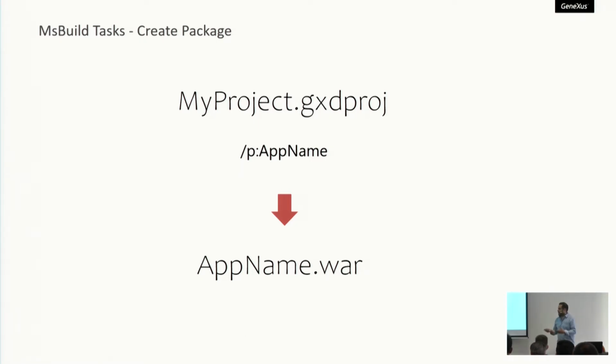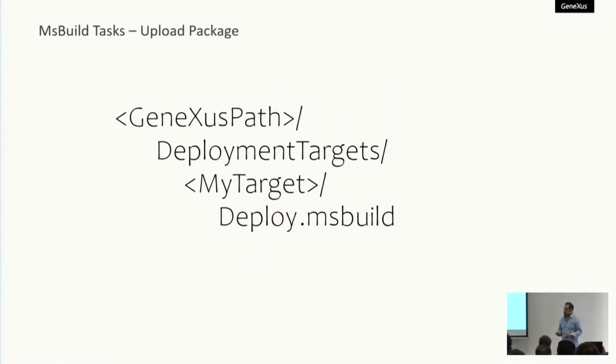After that, after we have the WAR, we have to send it to the server. We can do it manually, or we can use the MS Build and send it to the deployment target that we may need.